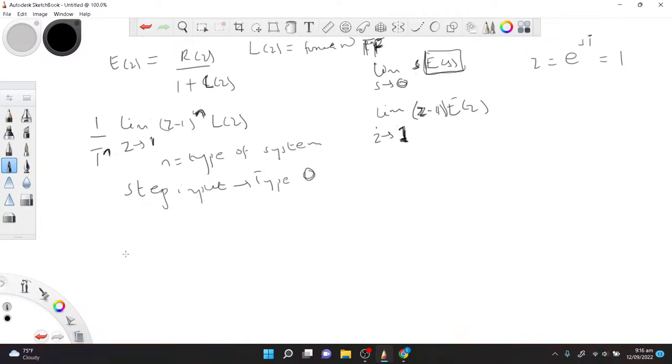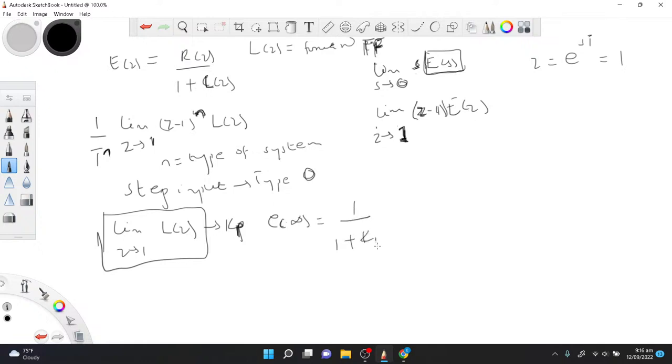Then you have limit as z approaches 1 of L of z, and this is our Kp. The steady state error when you have step inputs is given by 1 over 1 plus Kp. I believe we've all gone through this.